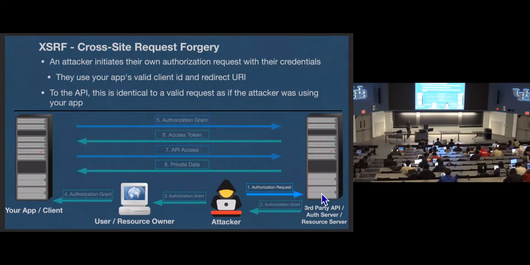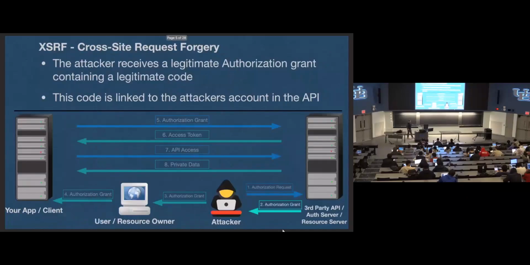They go to the third-party API, use their account, and generate an authorization grant. So they get an authorization grant for their account. To the API, this looks like the attacker clicked the button on our site and was redirected. Everything is 100% legit. It's a legit request with the attacker's account.